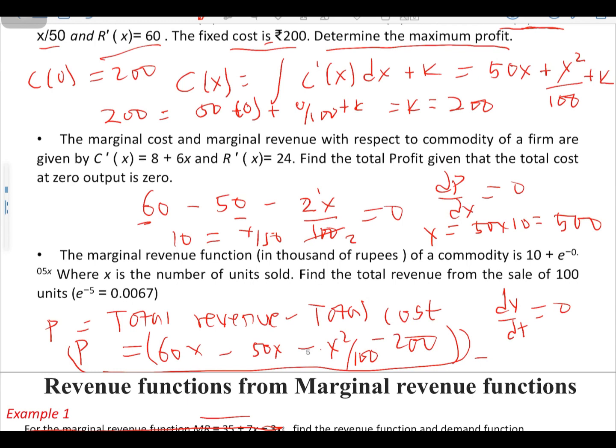So therefore, to get your maximum profit, you need to produce about 500 items to get to the market. You get me? That's where you are going to get a maximum profit. So based on the fact that you have gotten the items x to be 500, you can put it back into the total profit, and you can generate a value which will be maybe 2,300 rupees.